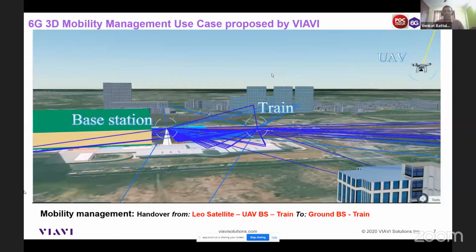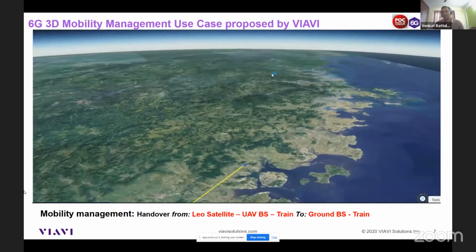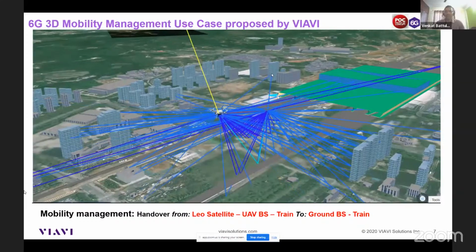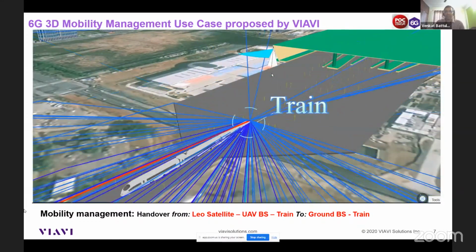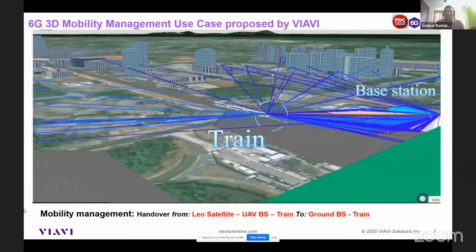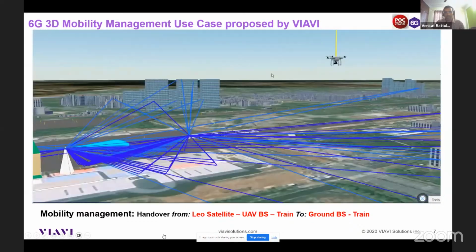Obviously the handover will happen to the base station, because in today's world it's a reliable link. So you can imagine the challenge in modeling all these channels in a real time way.